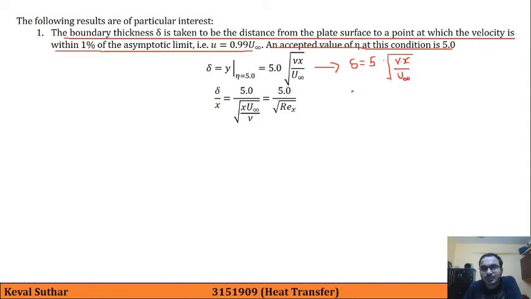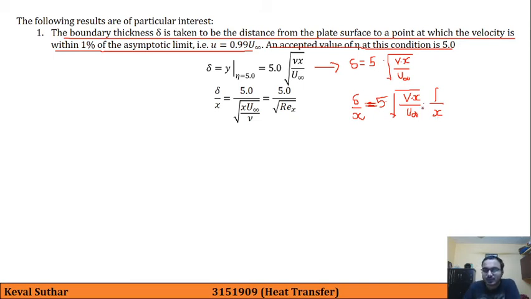So here what we have done is we have taken delta upon x, which is equal to 5 times into square root of nu into x over u infinity, and here, so what we have done is we have divided both sides with x.